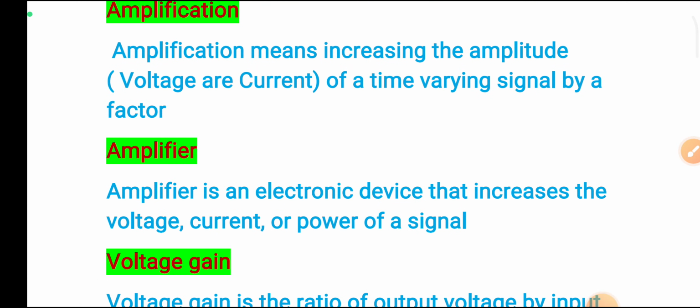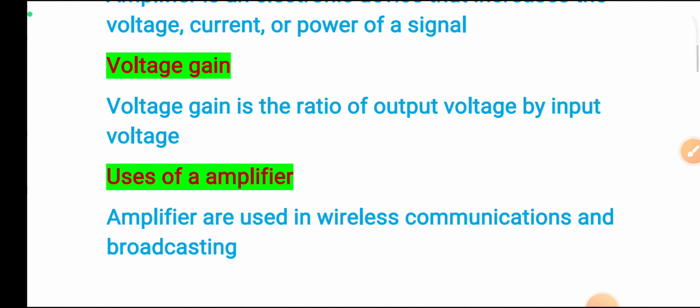Next, amplifier. An amplifier is an electronic device that increases the voltage level, current level or power of a signal. Next, the voltage gain, which is a very important topic. The voltage gain is the ratio of the output voltage to the input voltage.